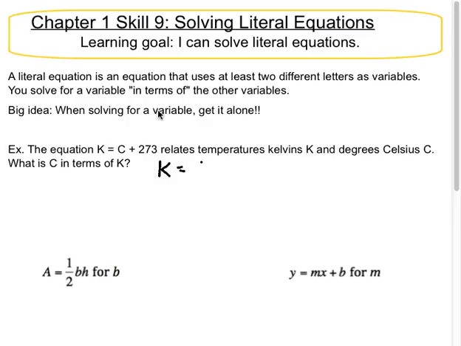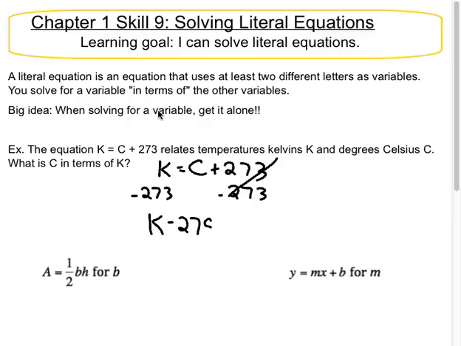Right now we have this equation, and if we're trying to solve for C, all we have to do is subtract the 273. So really C is just K minus 273 degrees.